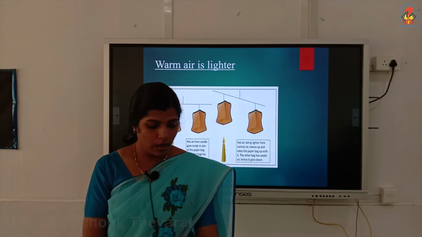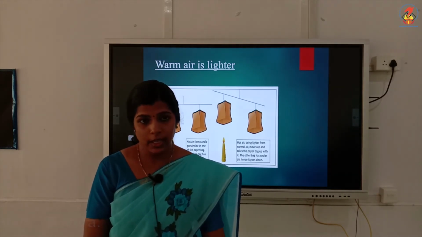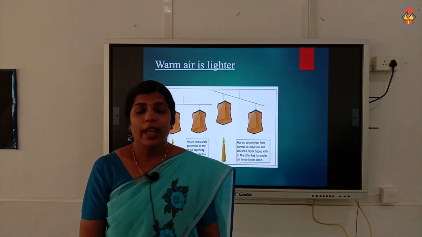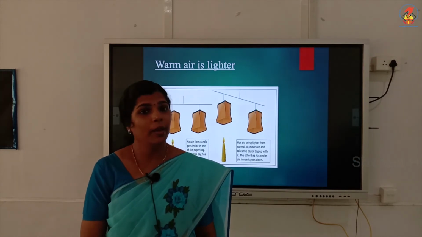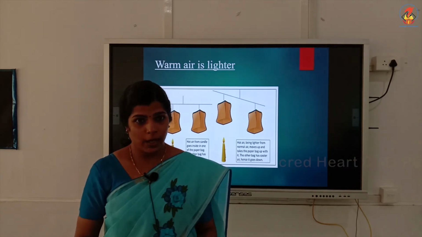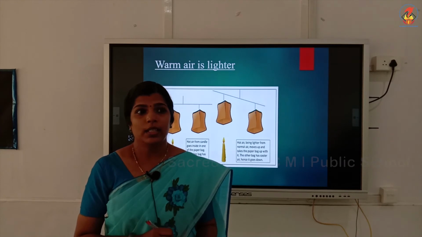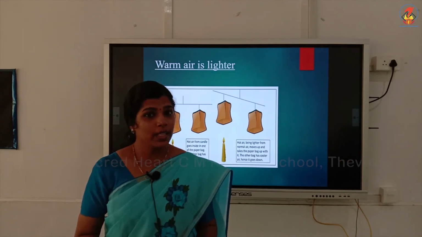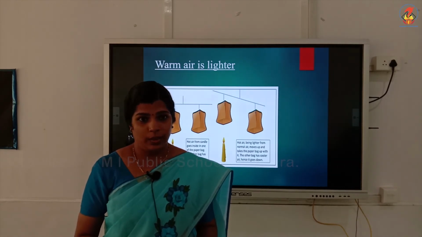Or we can say in another way, warm air is lighter and it rises up. I told you in the class about convection, warm air is lighter because it expands on heating.